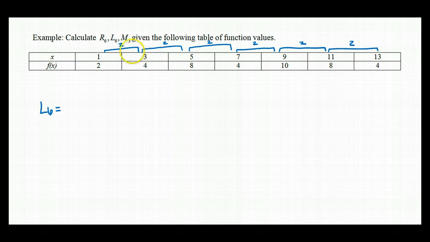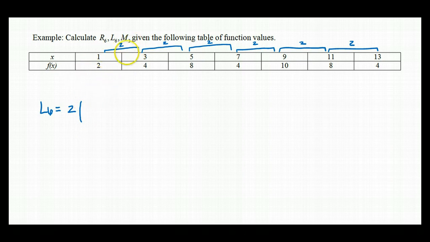So here's my 6 rectangles, 1, 2, 3, 4, 5, 6, each have equal width, so my delta x value is 2. So L6 is going to start out with my delta x of 2. And then what I need is the height of each of my rectangles.